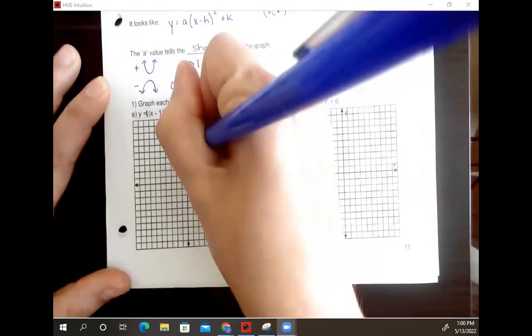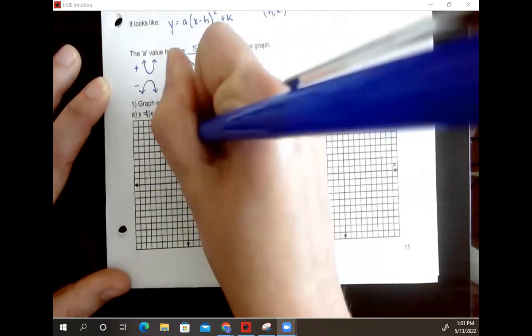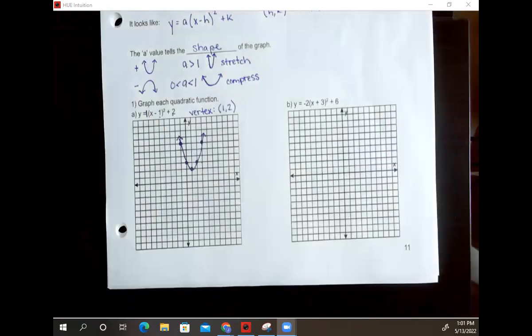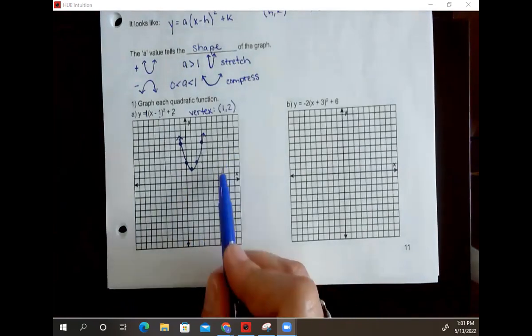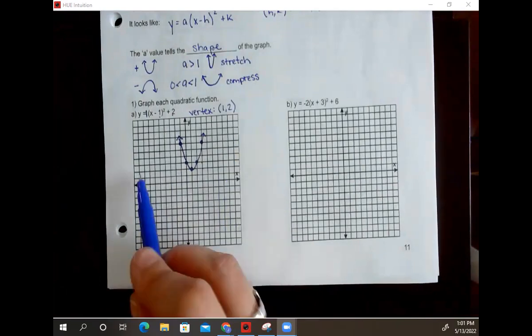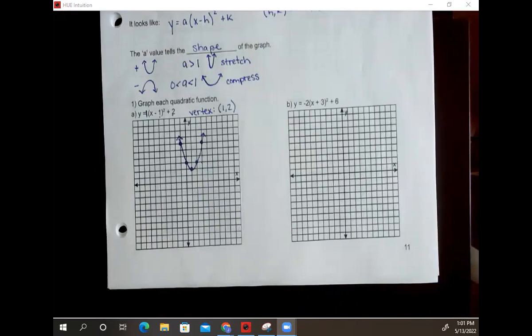Once I've plotted my points, I'm going to connect them with arrows on the end. A parabola should always have this U shape. It might be upside down, it might be really tall and skinny, it might be very wide, but it should always have that U shape.